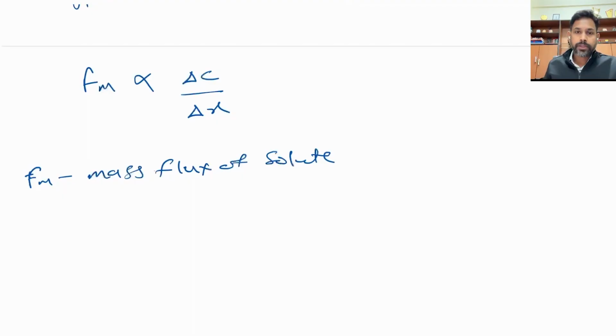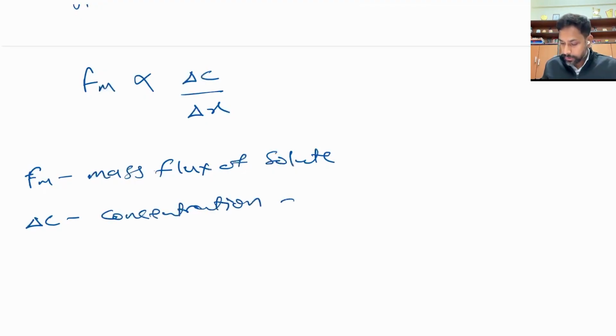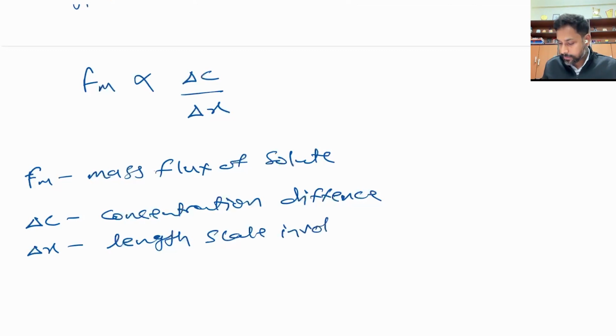The higher the concentration difference, the higher will be the mass flux, right? So delta C is the concentration difference and delta X is the length scale involved. Okay, so this basically is directly proportional to the concentration difference and inversely proportional to the length scale.